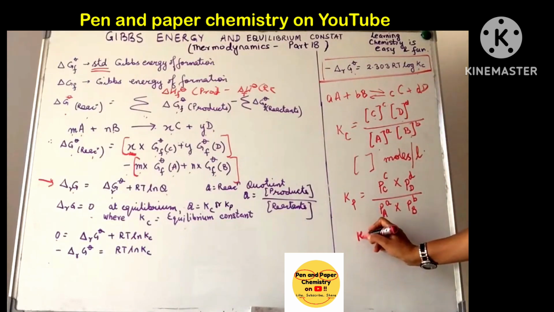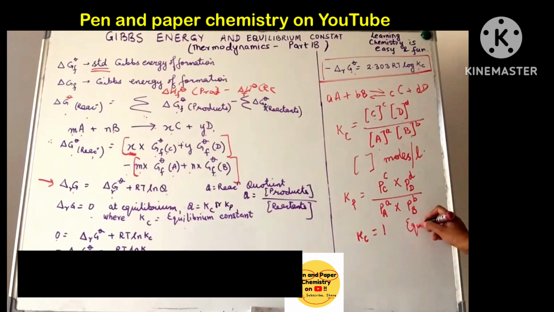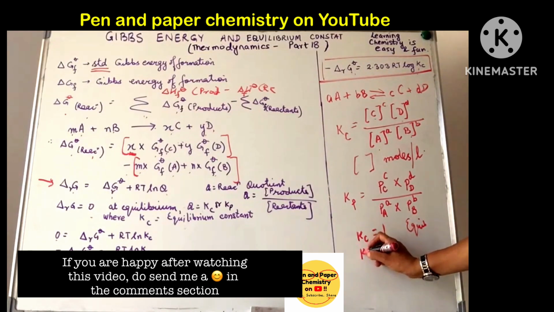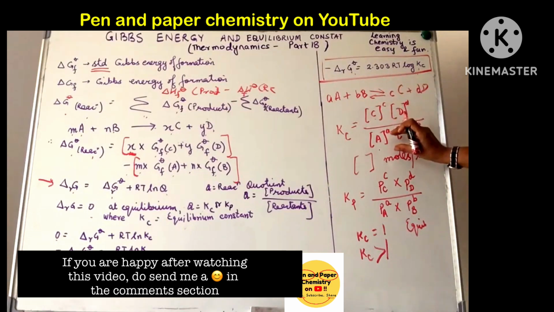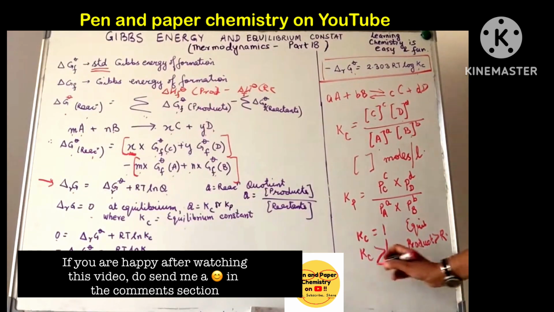If our equilibrium constant is 1, that means the process is in equilibrium. Kc greater than 1: in other words, our numerator is bigger than the denominator, in other words, our reaction lies more towards the product. The concentration of the products is greater than that of the reactants.